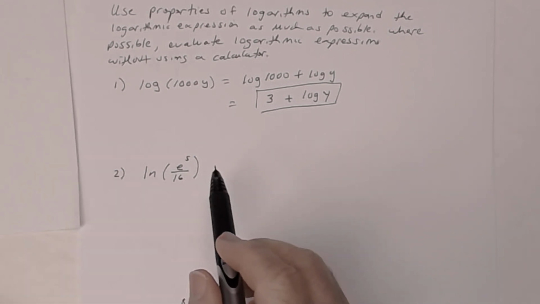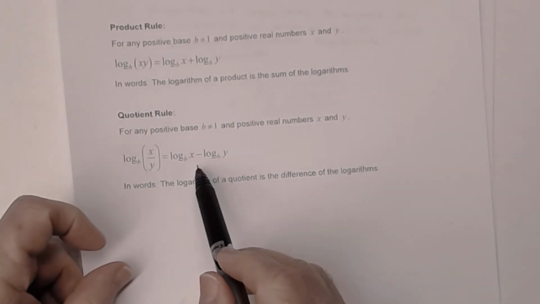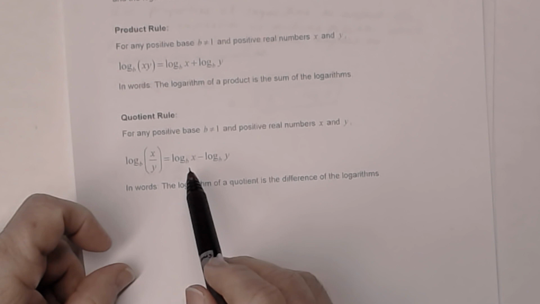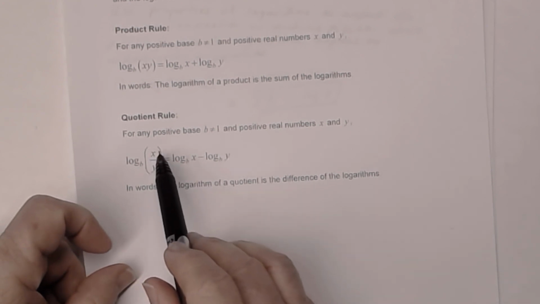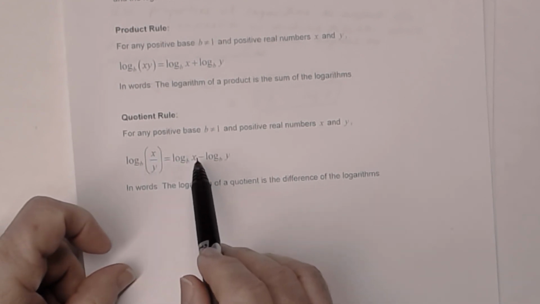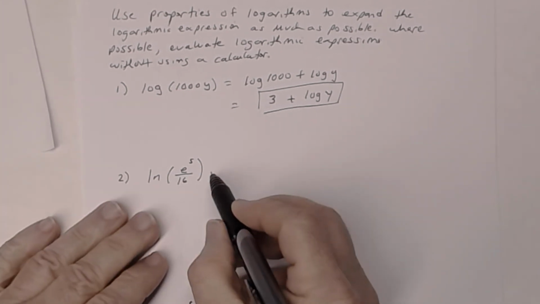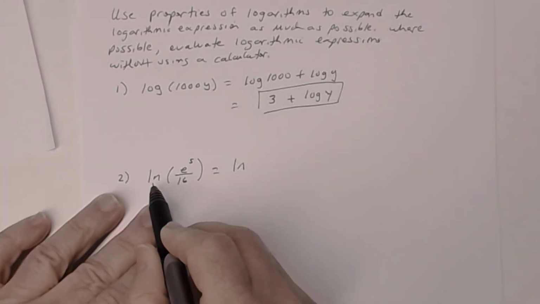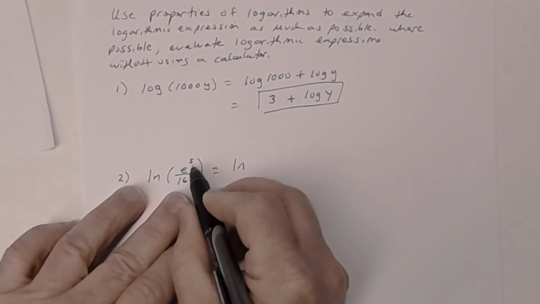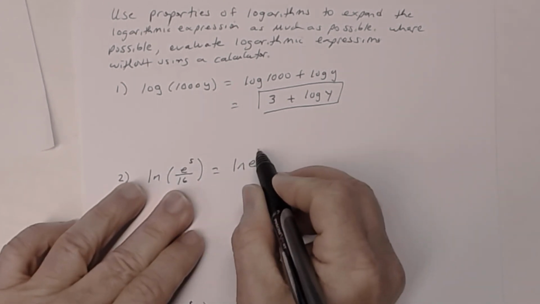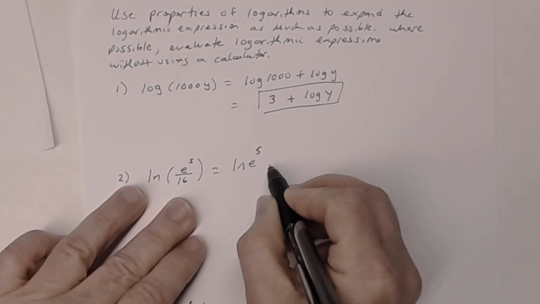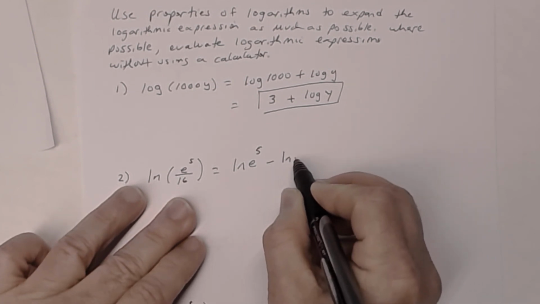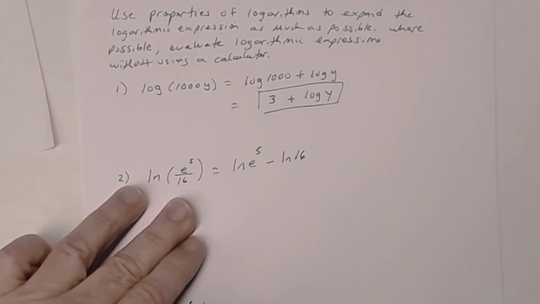But remember, when you write as a difference, subtraction is not commutative, so the order matters. So the numerator is the one that's listed first. So this becomes then the natural log, that's how we pronounce this, natural log of the numerator. Well, the numerator is e to the 5th power minus the natural log of 16.